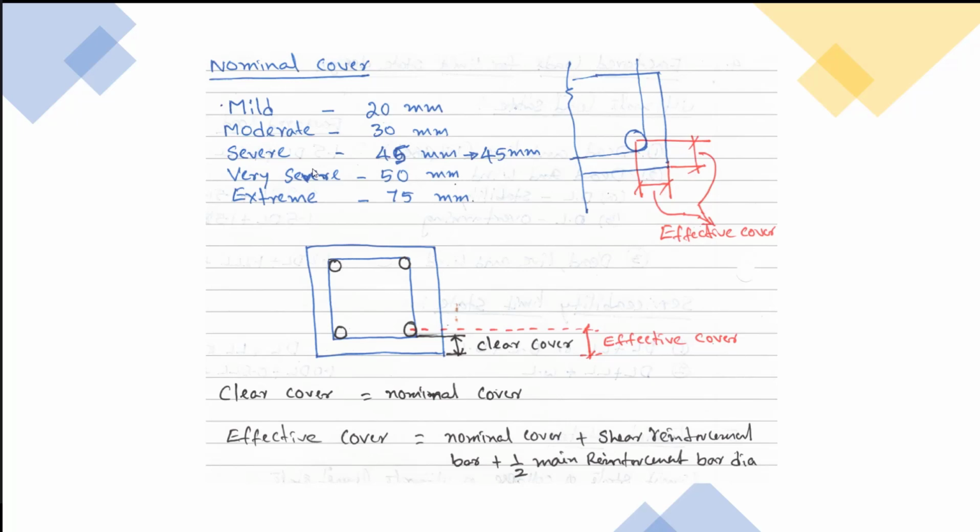We need to provide sufficient cover to protect the reinforcement. One typical purpose of the cover is to protect the reinforcement and provide proper bonding to it. The minimum clear cover needs to be maintained. For the effective cover, it is the nominal cover plus shear reinforcement plus half of the main reinforcement, because it is measured from the center of the reinforcement to the edge of the member.